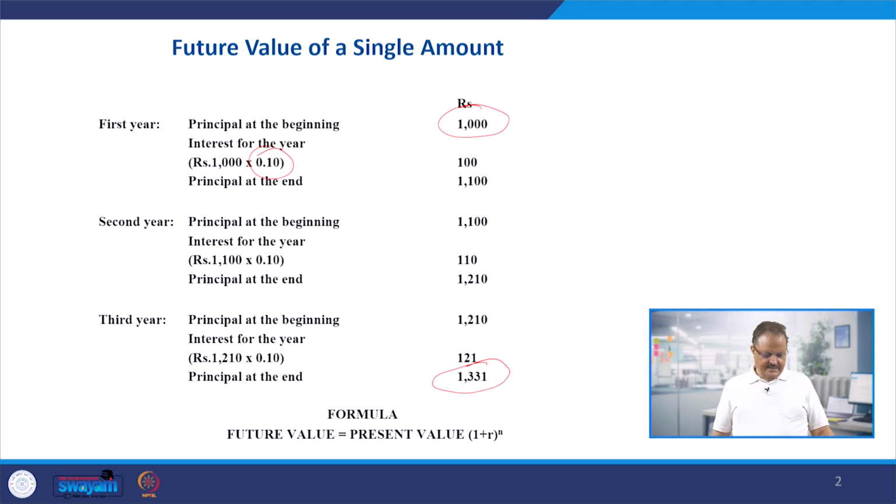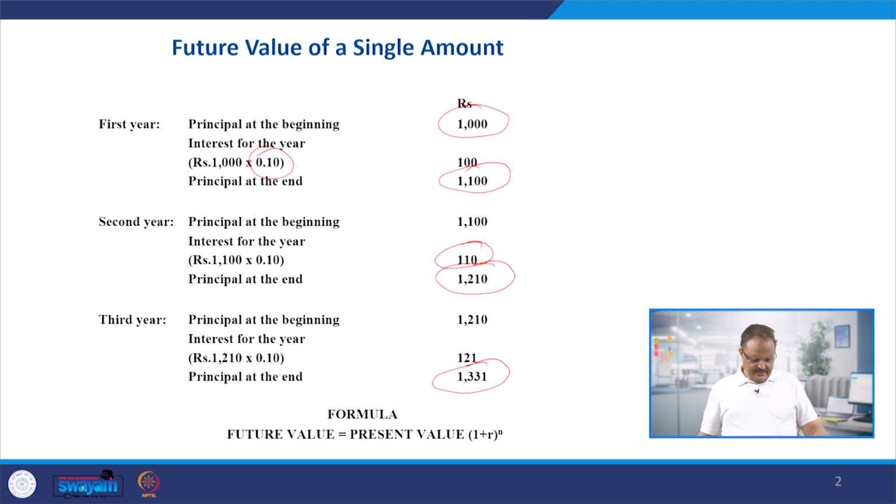But to understand the future value of a single amount simply, I am depositing this 1000 in the bank and getting a 10% return. At the end of the first year, my 1000 rupees will become 1100 rupees. In the second year, my 1100 rupees after earning an interest of 110 will become 1210.